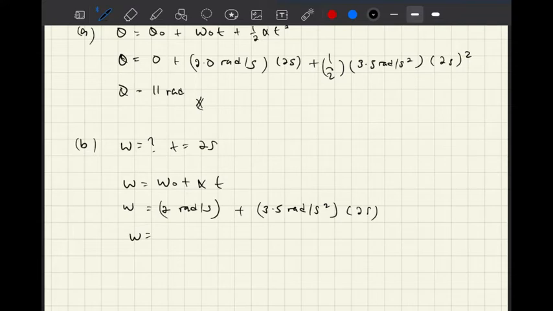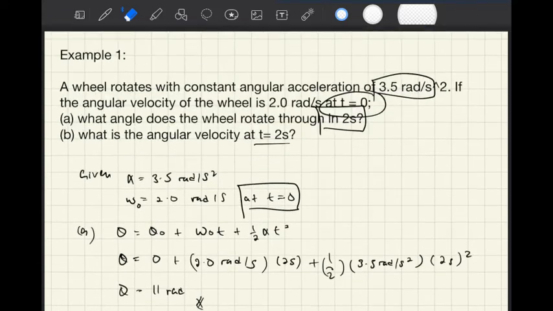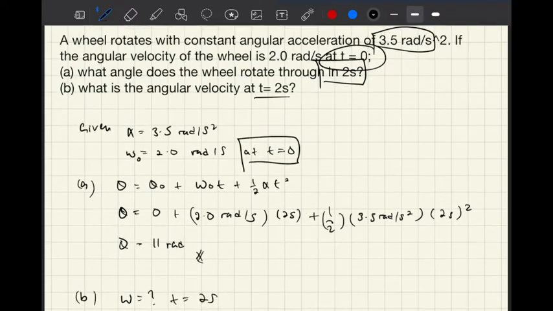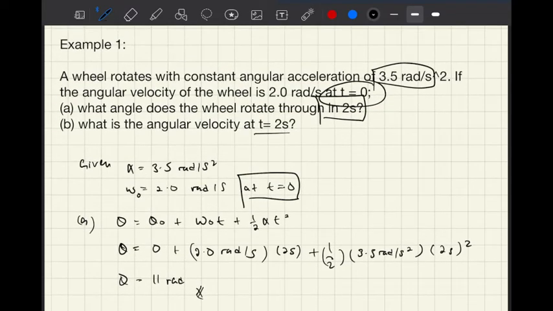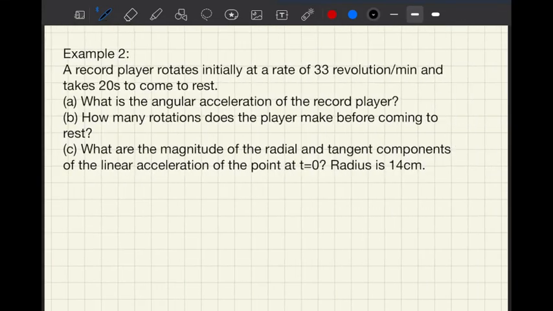So the answer will be 9 radian per second. Not squared, because it is velocity, the angular velocity. So we already found both of the answers. I hope this example shows you the basic understanding of this topic. So I think we can move to the second problem.